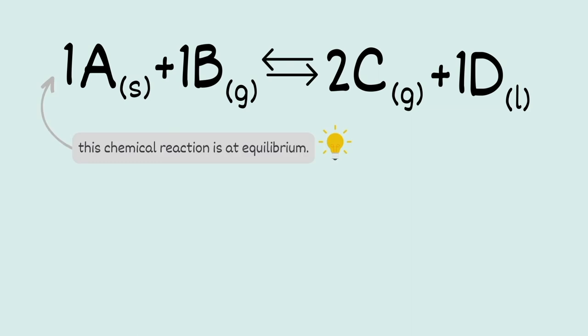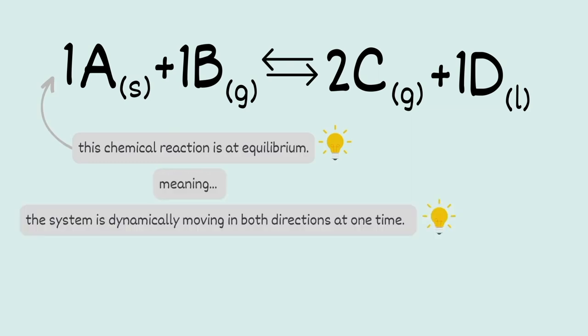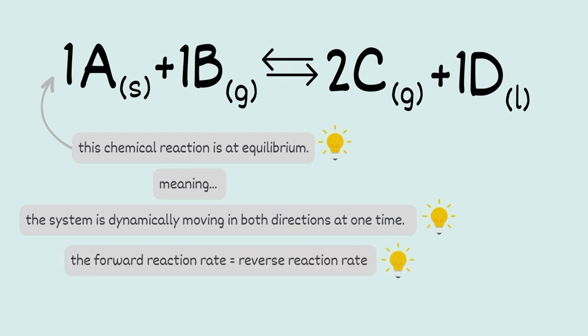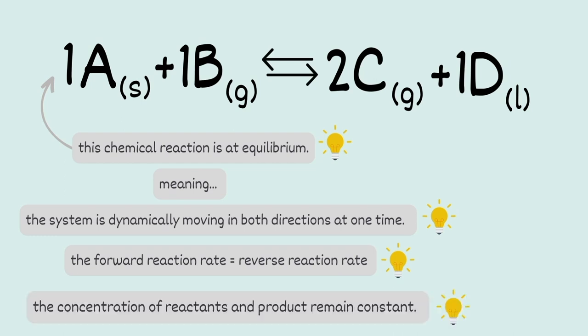This chemical equation is in equilibrium, meaning the system is dynamically moving in both directions at one time. The forward reaction rate equals the reverse reaction rate, and the concentration of reactants and products remains constant.